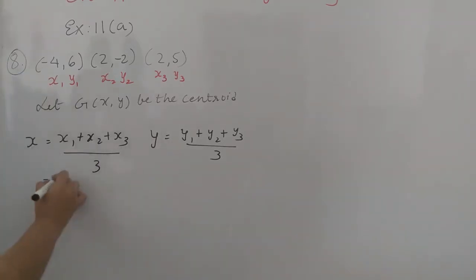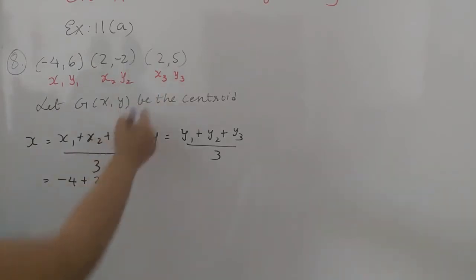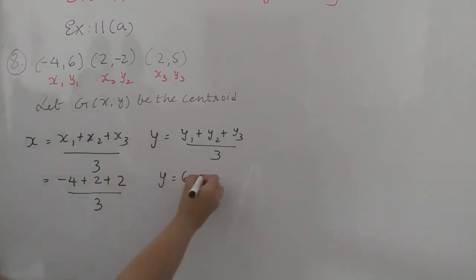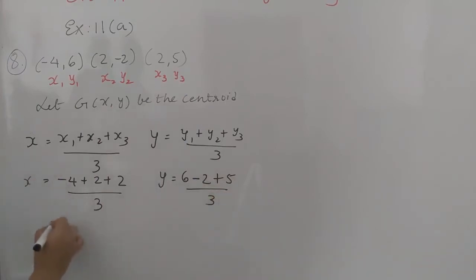So x1 is minus 4, x2 is 2, x3 is 2, divided by 3, and y1 is 6, y2 is minus 2 and y3 is 5, divided by 3. Here 2 plus 2 is 4, and minus 4 gets cancelled.